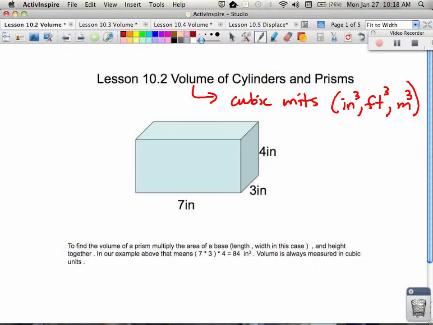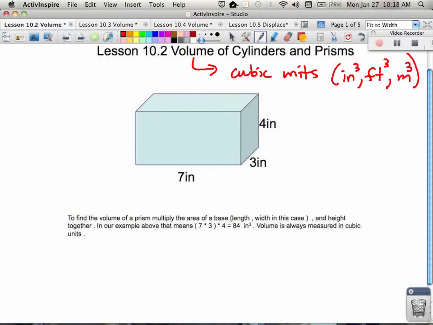To find the volume of a prism, it's fairly simple. You just multiply the area of a base and the height, or oftentimes people just think about length times width times height.